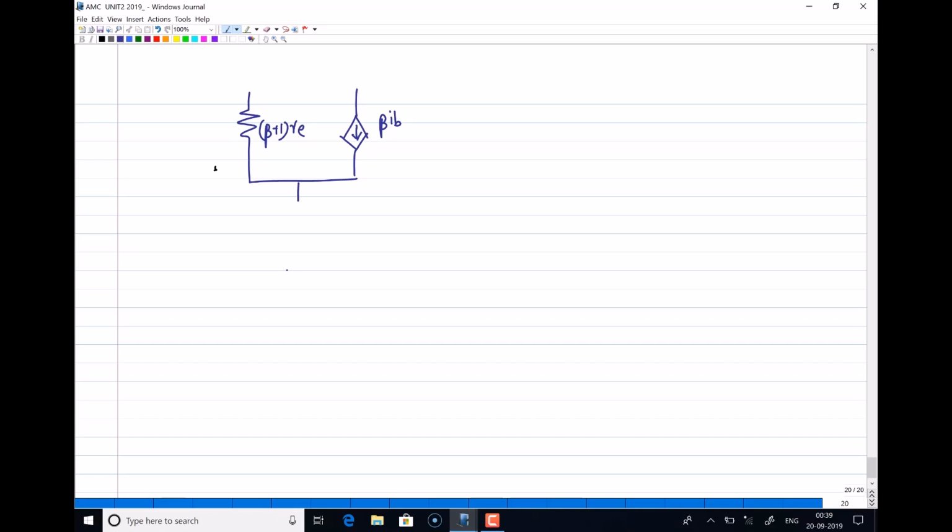This is the resistance of 800 ohms, so that's to find the impedance from this side. This is ground. On this side the voltage is VB. This is the equivalent circuit. Since I am finding the output impedance, I am shorting this to ground. Now I want to find the impedance from this side.